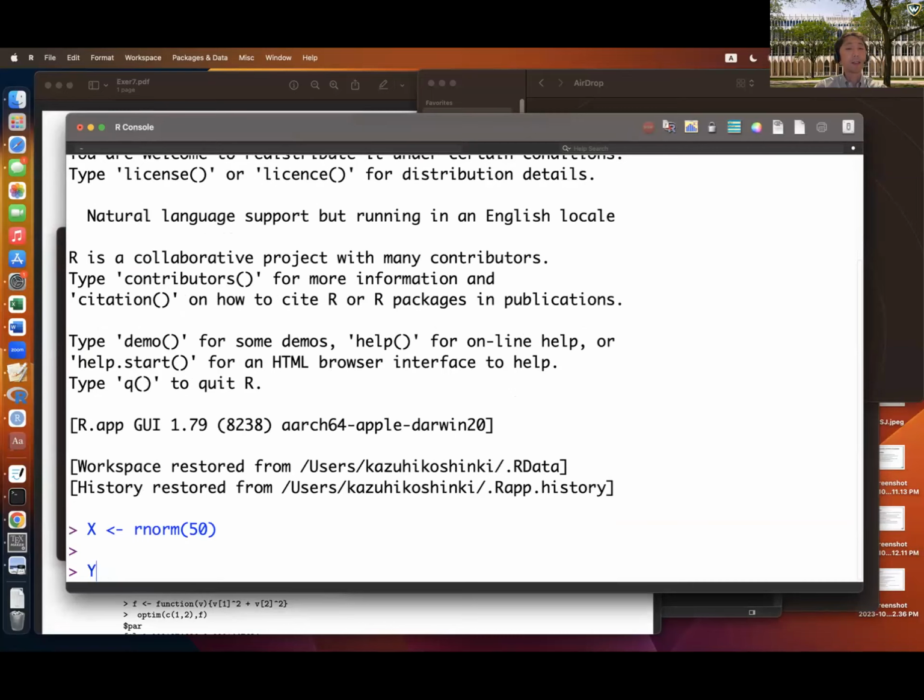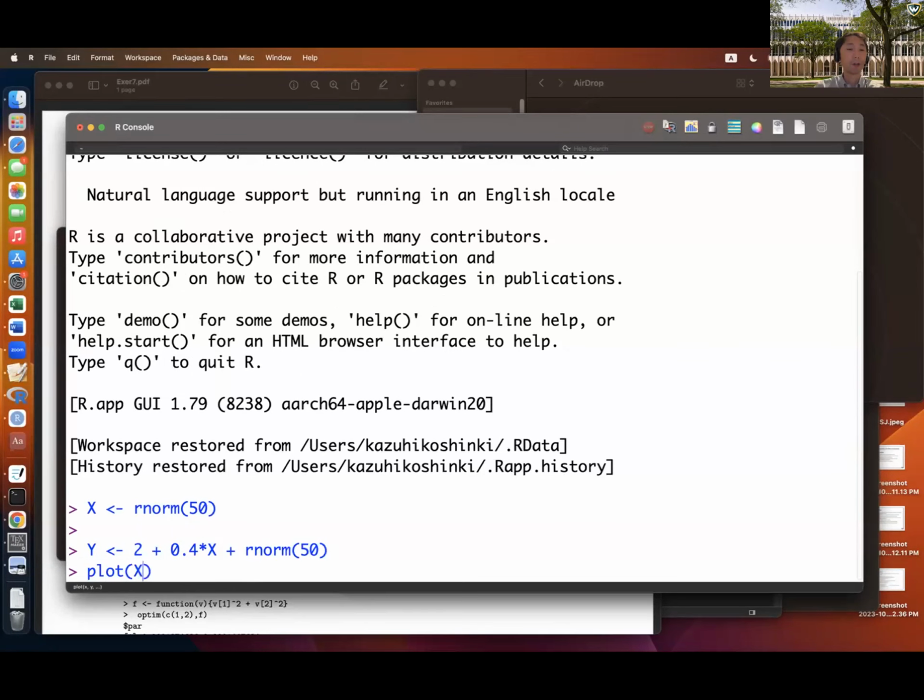And Y, we define Y as 2 plus 0.5 times X plus rnorm of 50. Then plot X and Y.